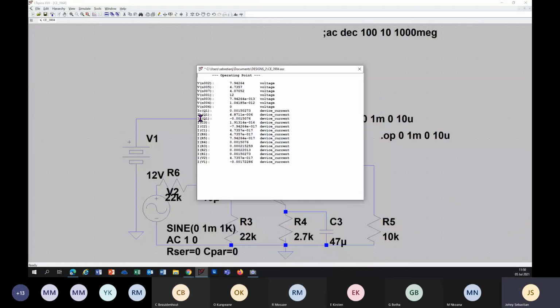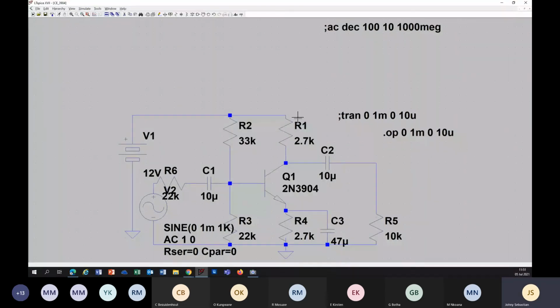You can also, once after simulation, put that icon on top of your RC. Look at the bottom left corner. Can you read what is there?